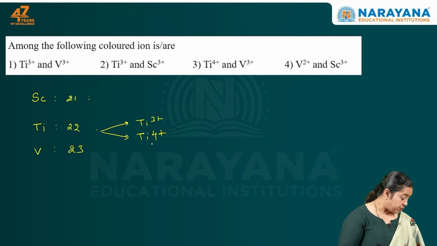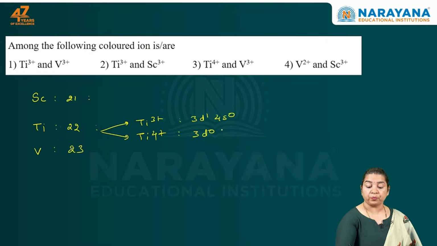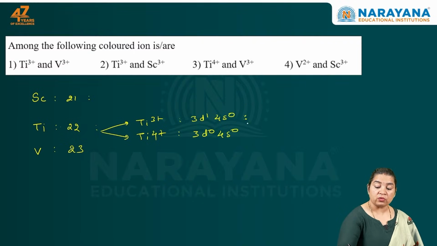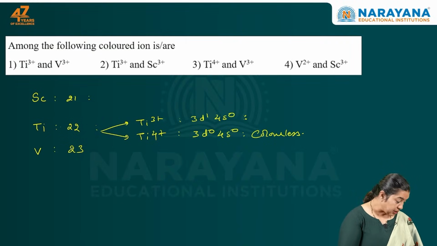Titanium 3 plus is 3d1 4s0 and titanium 4 plus is 3d0 4s0. First, let me conclude: with no unpaired electron, titanium 4 plus is going to be colorless, whereas titanium 3 plus, with one unpaired electron, is found to be purple in color.